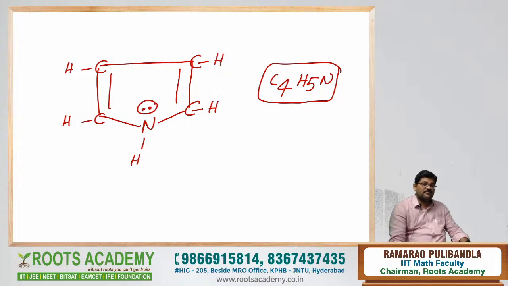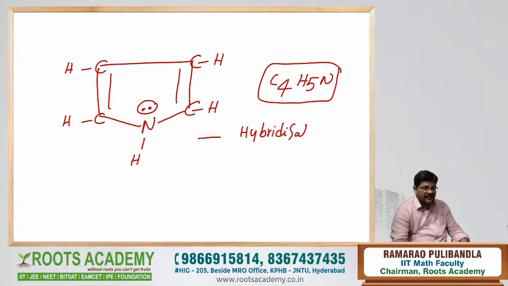Now, in this molecular formula of pyrrole, C4H5N, the hybridization of carbon and nitrogen atoms is what?